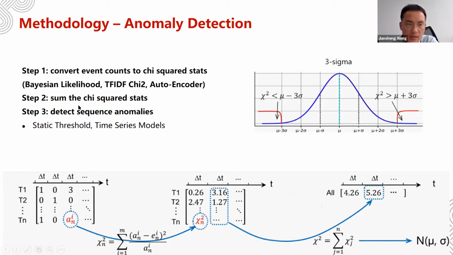Next, we can sum up the chi-squared states. And lastly, we can use 3 sigma to detect outliers in the time sequence. You can also try other time series models or even a static threshold. We assume the chi-squared states follow a normal distribution because the log size is big enough.